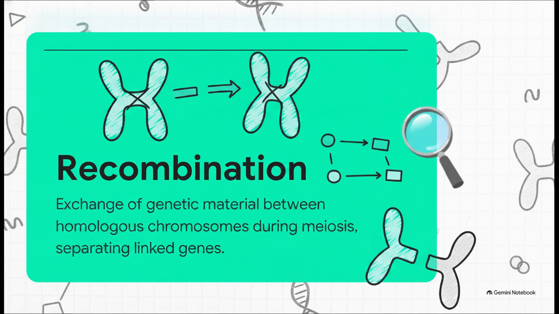During the first division of meiosis, homologous chromosomes pair up and can actually exchange linear segments of genetic material. This is what we call recombination, or crossover. Basically, this process shuffles the maternal and paternal alleles around, which can separate linked genes and create brand new combinations in the offspring. We call these recombinant gametes.